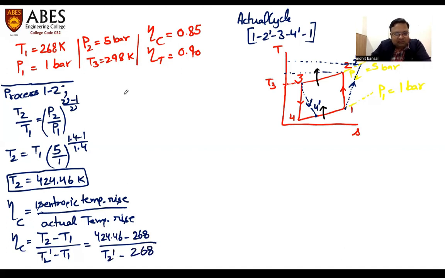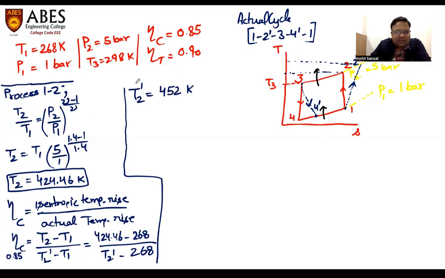So on solving this, just cross multiplying with the isentropic efficiency, which is 0.85, our T2 dash comes out to be more than T2, and it is coming as 452 Kelvin. So out of the complete cycle, we have just calculated the actual temperature rise of this cycle, which is happening from 1 to 2 dash. So I'm writing this on the y-axis also, T2 dash.